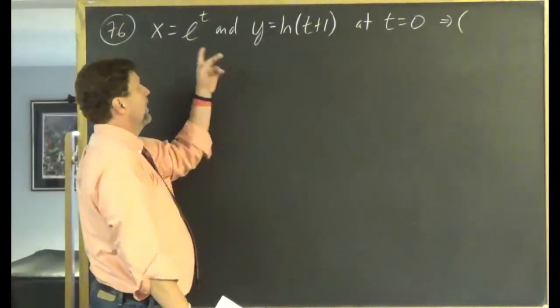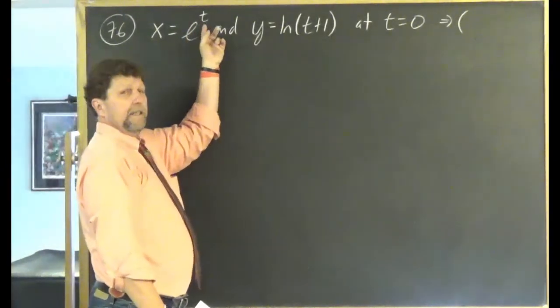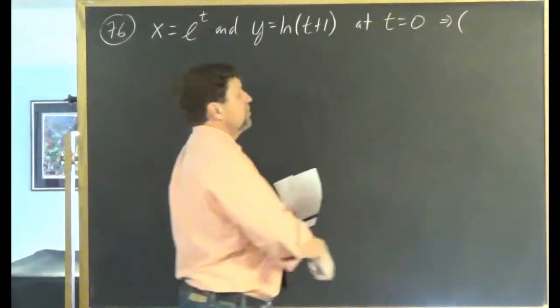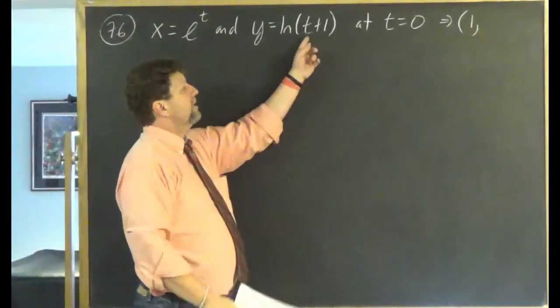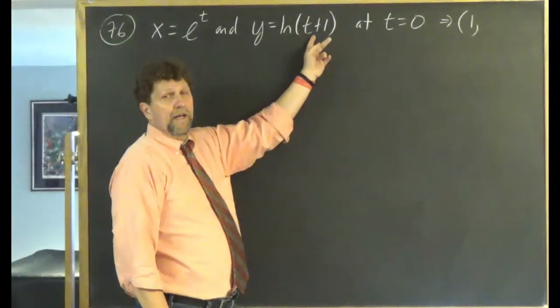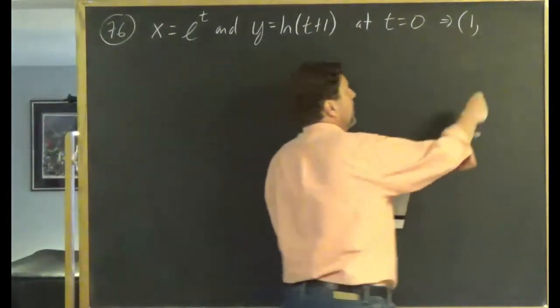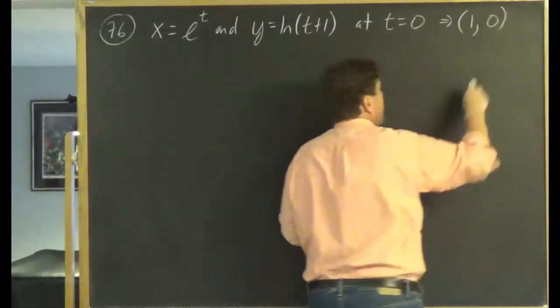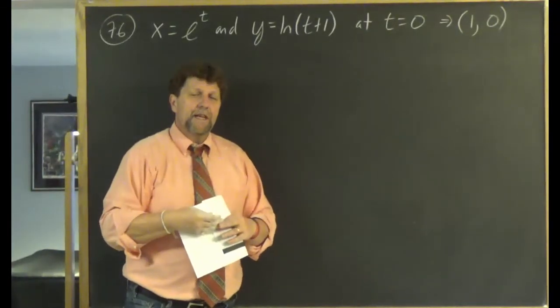So if t is 0, I put 0 in for t. e to the 0 is 1, so x is 1. My y, well, I put 0 in for t, so we get the natural log of 1, which is 0. So we have our point of tangency.